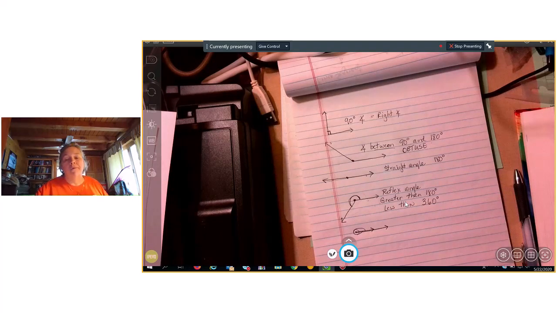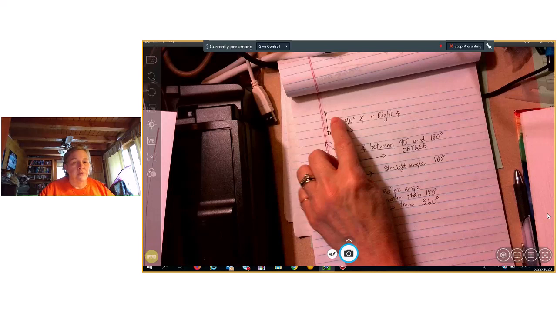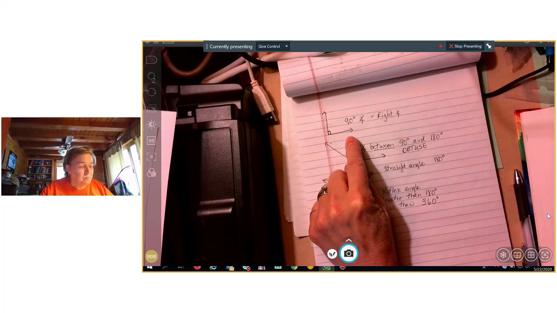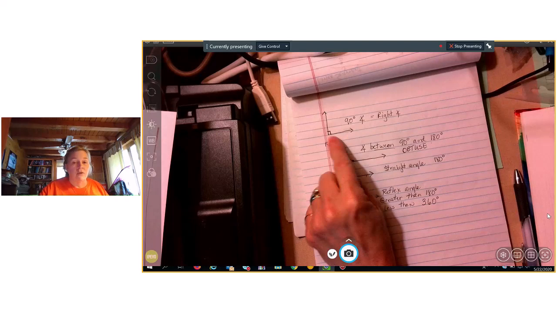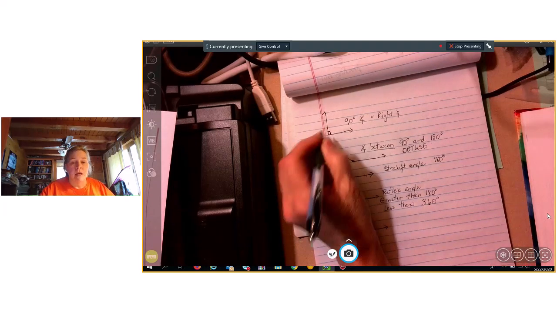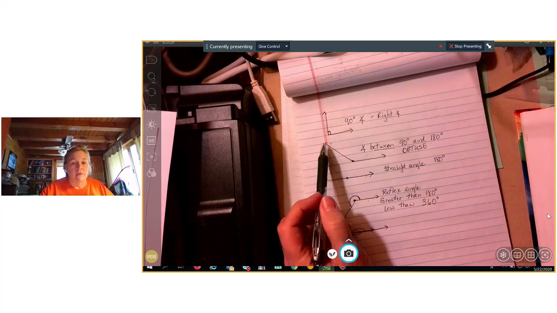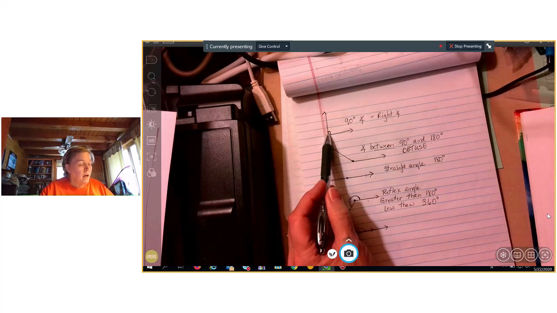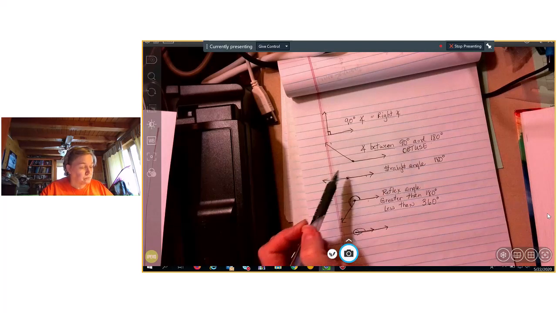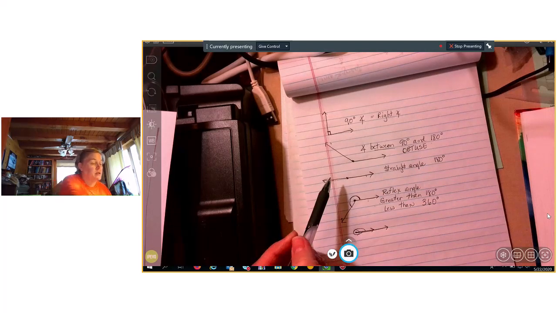Okay, so on Wednesday we talked about the different types of angles. A 90-degree angle. Of course, this is not drawn as 90 degrees, but if it has this little box in the corner, then you always take it as a 90-degree angle. An angle between 90 and 180 degrees is an obtuse angle.